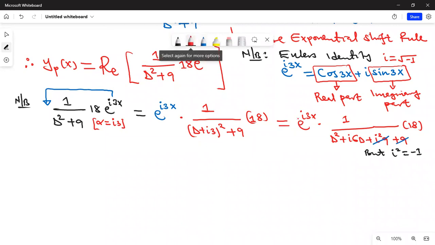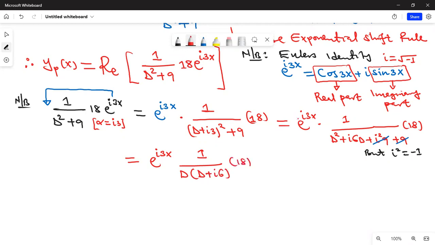So what we remain with is exponential i3x times 1 over D, and I can see D is common, so we have D outside. Then we have D plus i6 operating on 18. So I need to get rid of the complex number in the denominator.